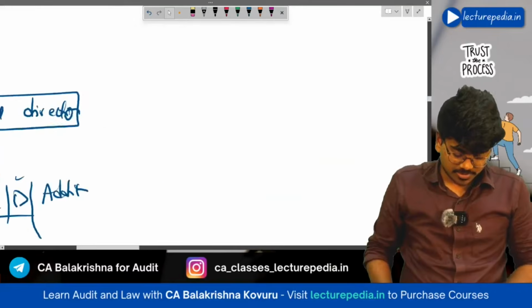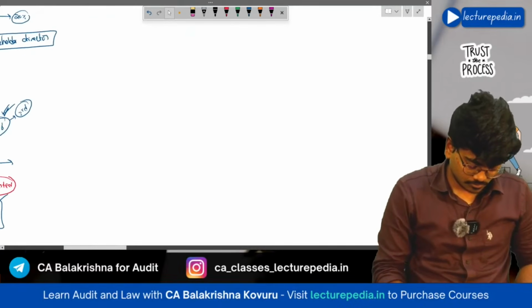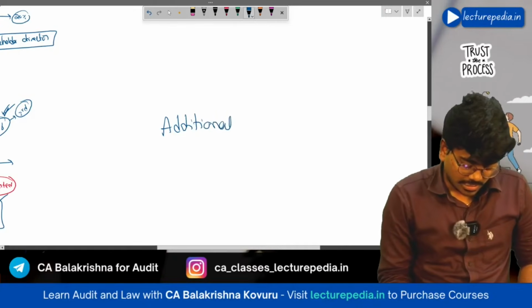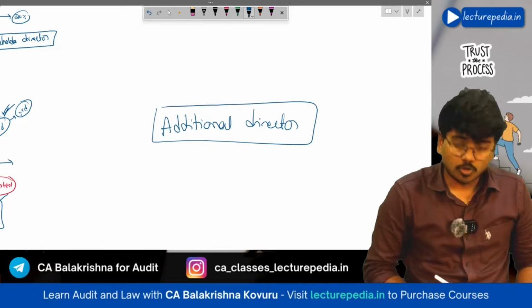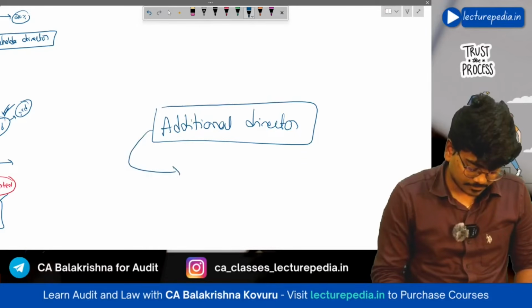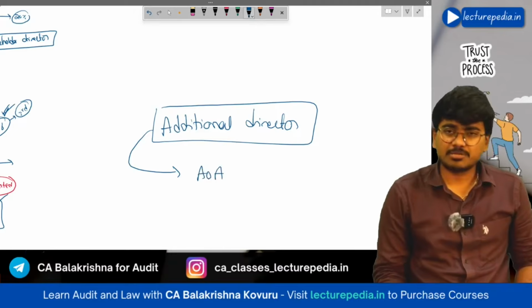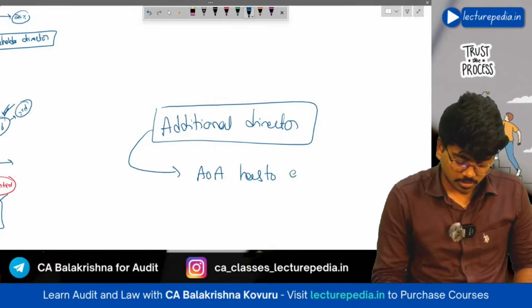Hope that is clear. To appoint additional director, AOA, that means articles of association, has to give power.